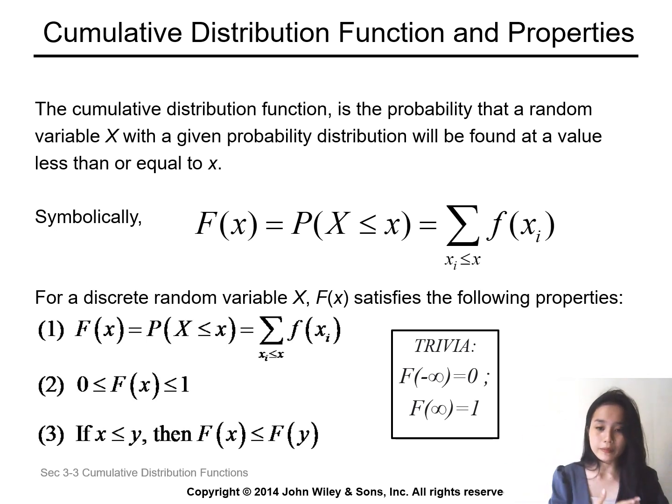As we move from left to right, or as our numbers continue to increase, F of y will keep getting bigger, or stay the same, but it will never get smaller. So it's a continuously increasing function. And as a trivia, F of negative infinity will always be equal to 0, and F of infinity will always be equal to 1.